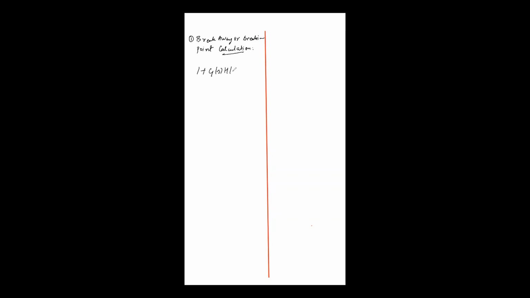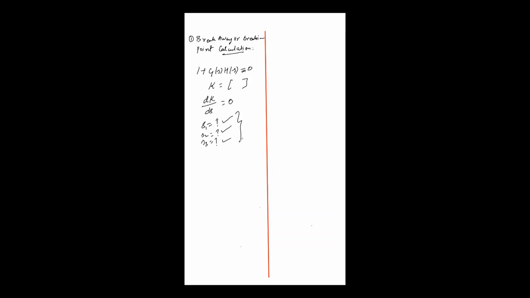By doing 1 plus G(s)H(s) equal to 0, and by making k on one side and all the other terms on the other side, then differentiate it with respect to s and equate it to 0, and then you will have some values of s. Then you have to select the particular value of s as the breakaway or break-in point which fits best in your case. So this is the first formula.